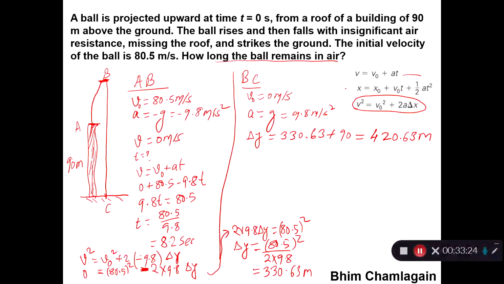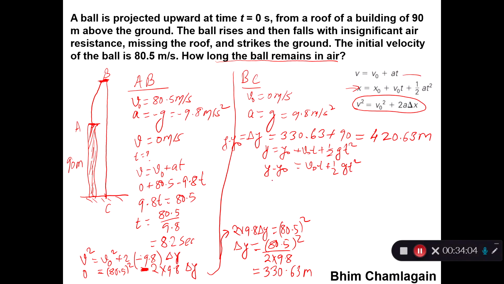You can use the second equation of motion, replacing x by y. So y is equal to y naught plus V naught T plus half g t squared, along the direction of motion. You can replace y minus y naught, which is delta y, so delta y is equal to V naught t plus half g t squared.